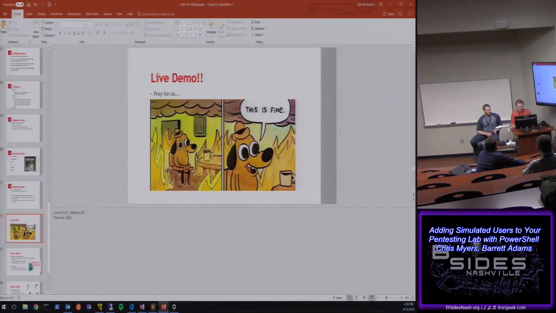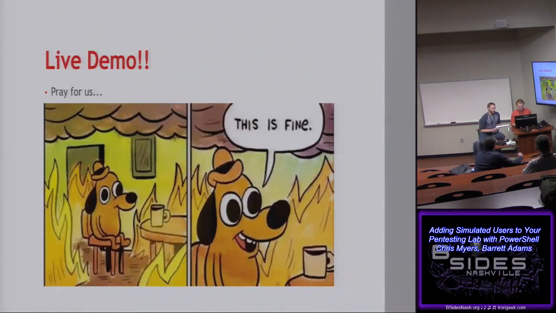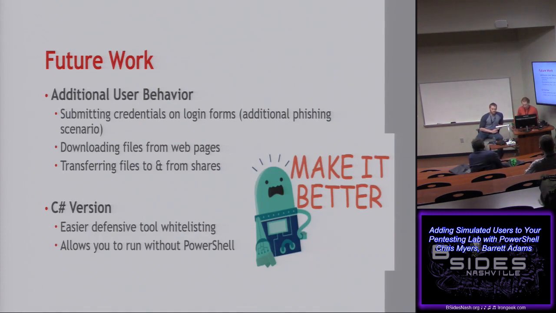Any questions on that? There's some future work that we want to do as well. So we want to add in additional user behavior, mostly getting our phishing scenarios a little bit more realistic. A lot of campaigns will just be to harvest credentials. If you send it a login form right now, it will have the user open that link and go to the login form, but it won't actually submit any credentials there.